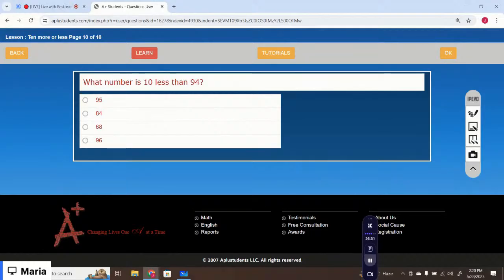What number is 10 less than 94? So which is the correct option? 10 less than 94 is 84.